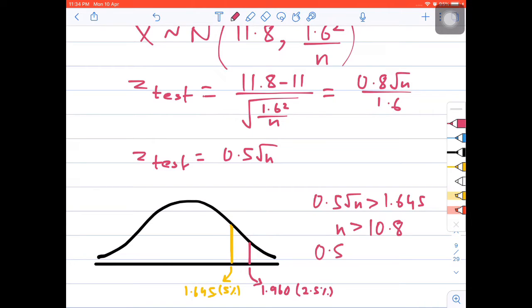Whereas 0.5 root n should be less than 1.960. That gives us n less than 15.4. So because n has to be an integer, it's from 11 till 15.